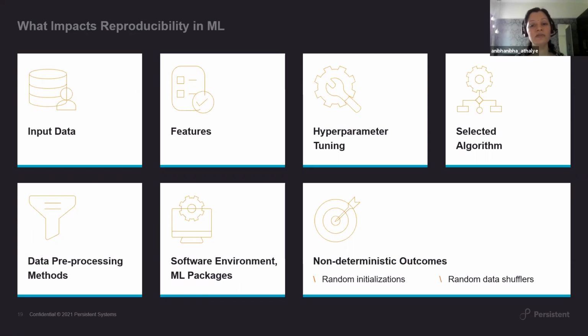You have certain parameter tunings, of course the algorithm that you are selecting, the pre-processing methods, the software environment or the ML packages that you are trying to use and where you are trying to deploy, and then of course some of the non-deterministic stuff like random initializations that you have used in your source code, or the random data shufflers that you have used in your source code. So these are all the factors that impact reproducibility in ML, and tracking each of these and being able to then create a reproducibility path is what we are trying to achieve.